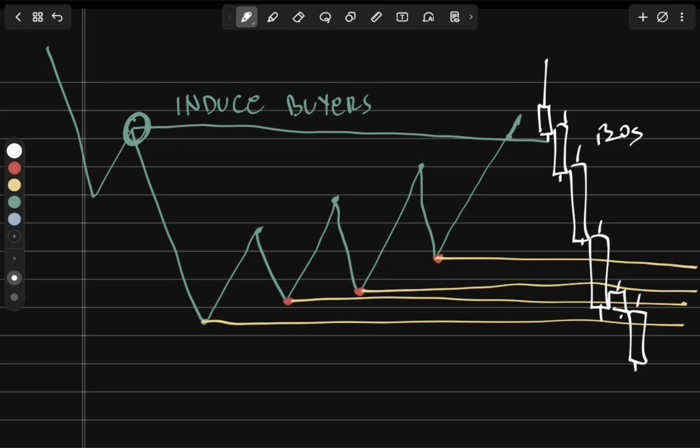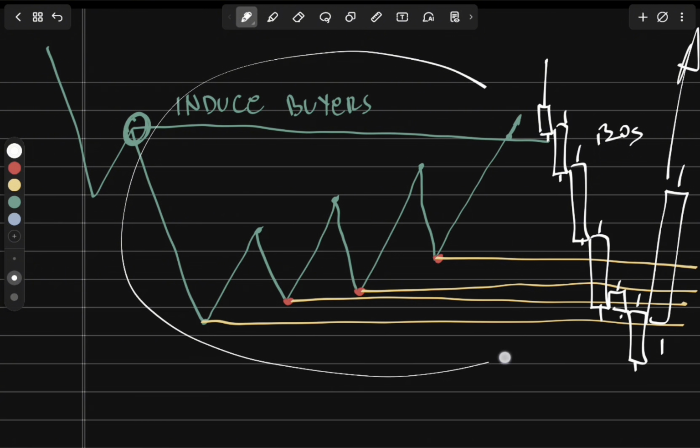And then after this liquidity is taken, and all these people are literally tired and they have no energy anymore to participate in the market, now you're gonna see that price is gonna reverse with big candles and it's just gonna shoot back up after it took all this liquidity.